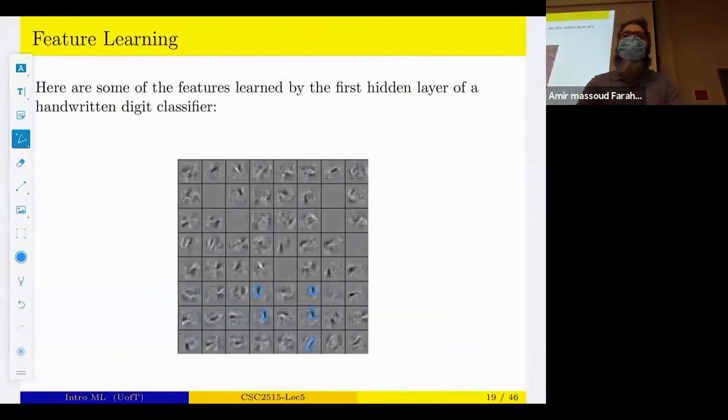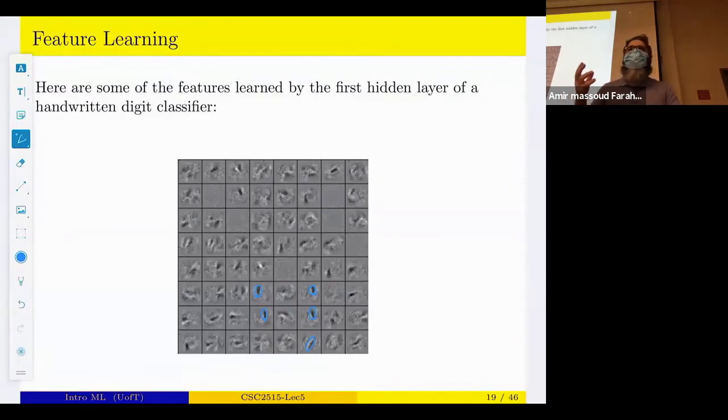I'm not going to talk about it much, but if you have larger neural networks with multiple layers detecting images more complex than digits, you would see structure in the weights that they are learning.